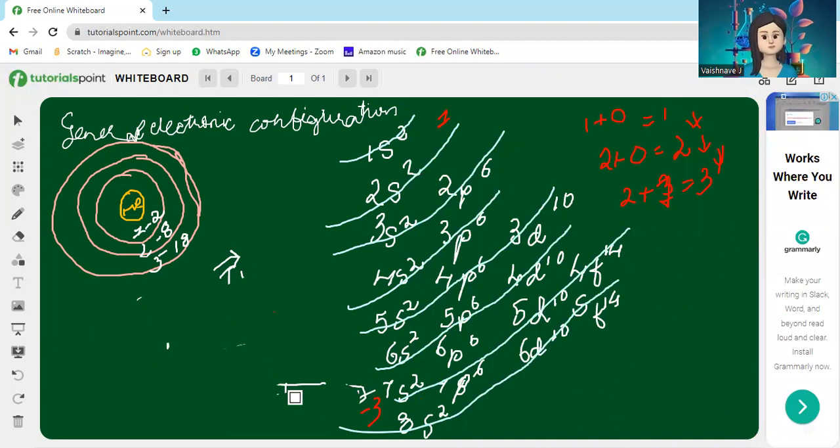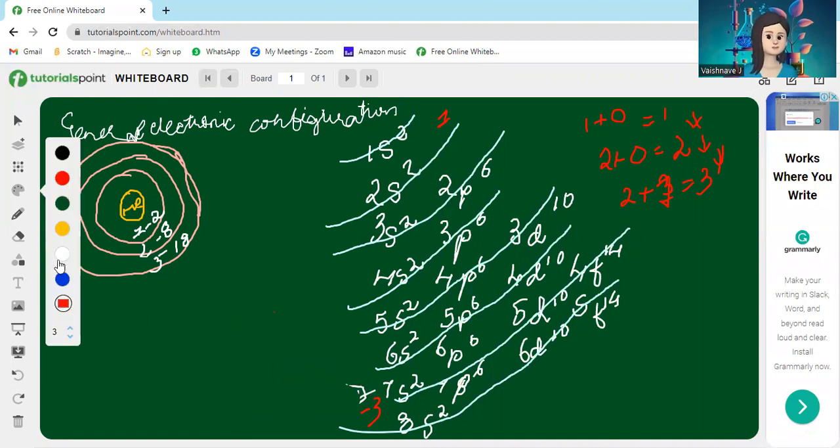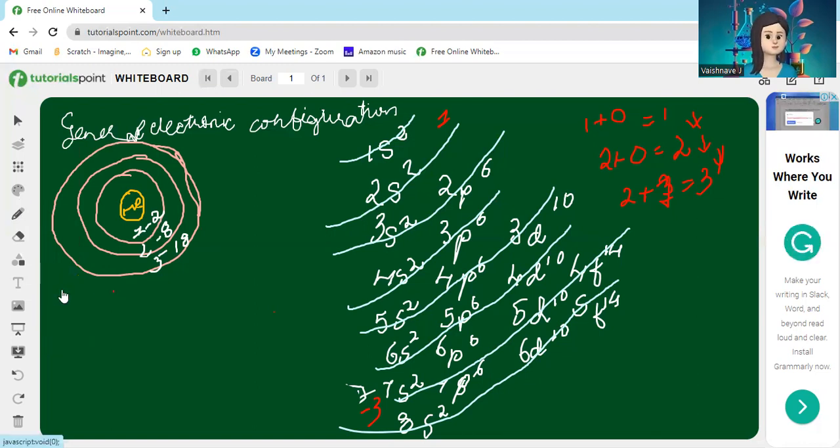Now we will see how we can write the order. I've changed the pen color and pen. One second, there's an internet connection issue.